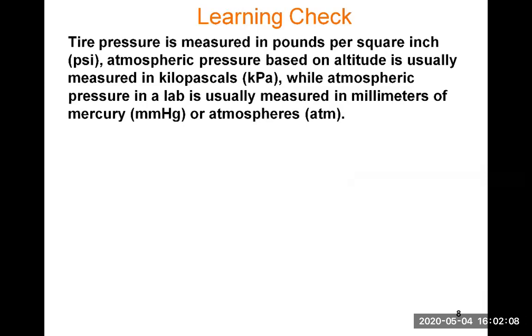Kilo is the prefix kilo in front of Pascal. Atmospheric pressure in a lab is usually measured in millimeters of mercury, so millimeters Hg for mercury, or in atmosphere, ATM. So that's why we have all these different units, because depending on the situation, the unit that was used was different.